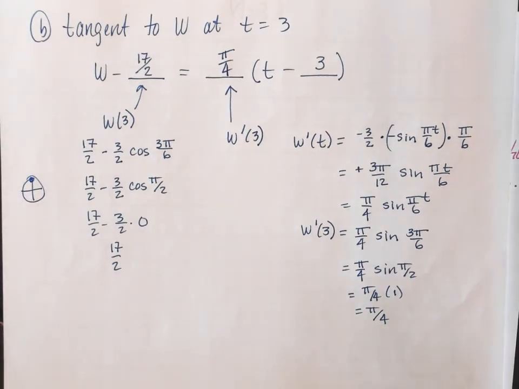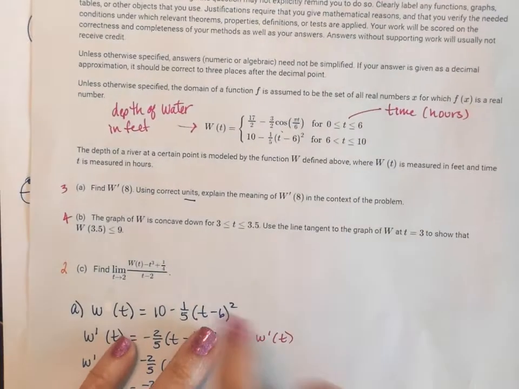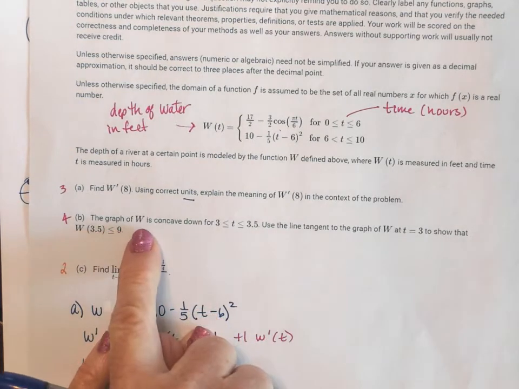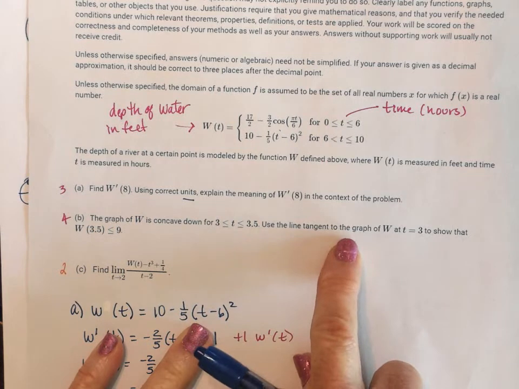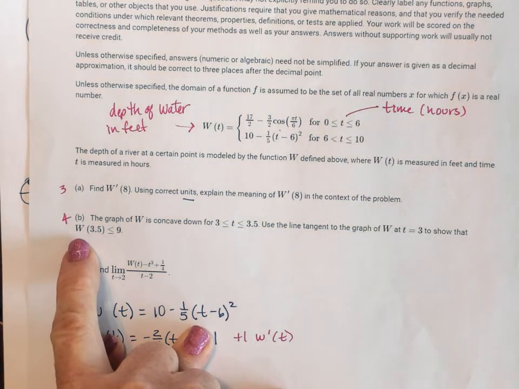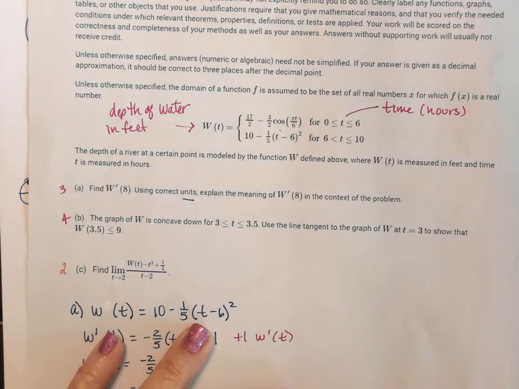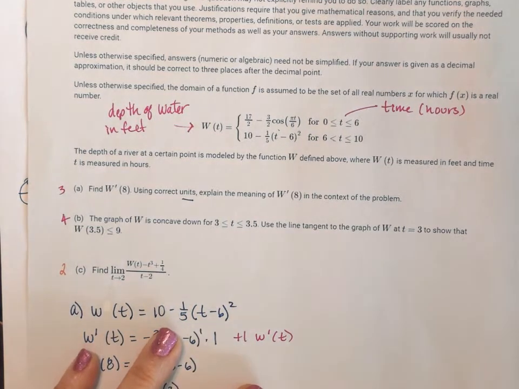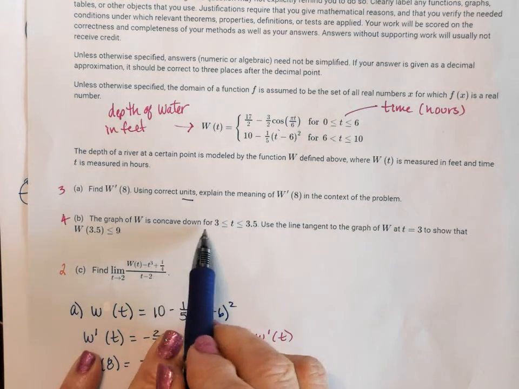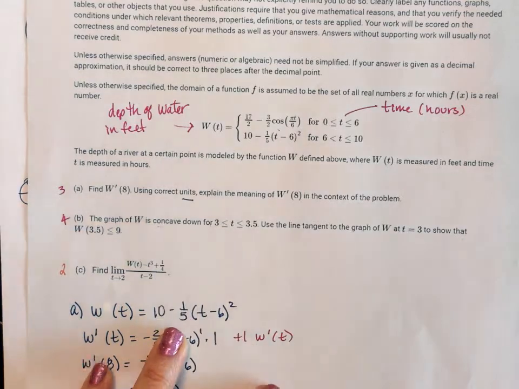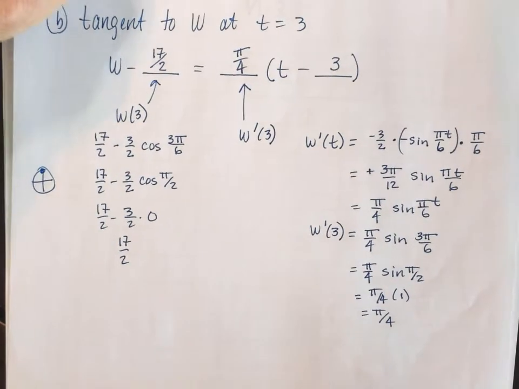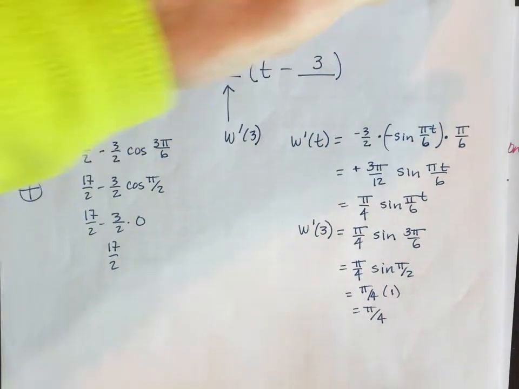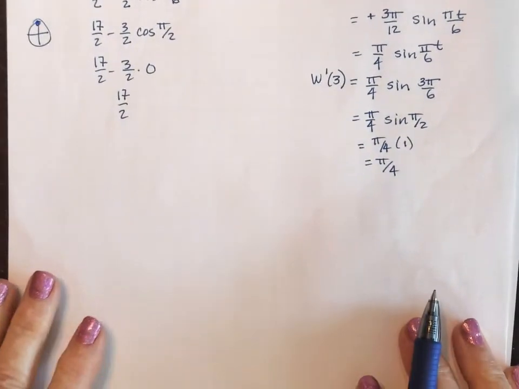Okay, so looking back at this question, part B, the graph of W is concave down. Use the line tangent to show that W at 3.5 is less than or equal to 9. So first thing that we're going to need to deal with is this concave down. How does that relate in here? Because W is concave down on that interval, the tangent line is above the actual curve.